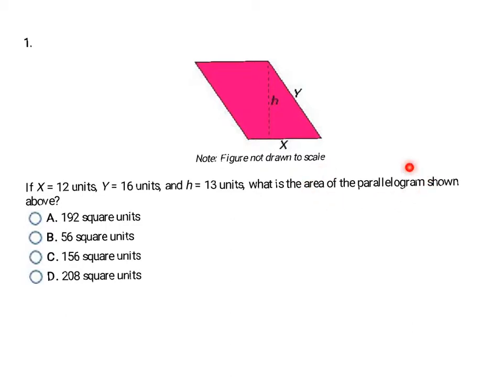In this first question, we're finding the area of a parallelogram when they give us these 3 numbers. They tell us that x is 12, y is 16, and h is 13. We know that the area of a parallelogram is the base times the height, so we only need 2 of those numbers.